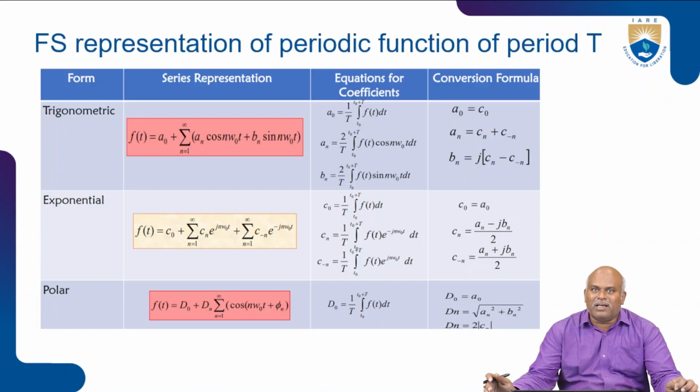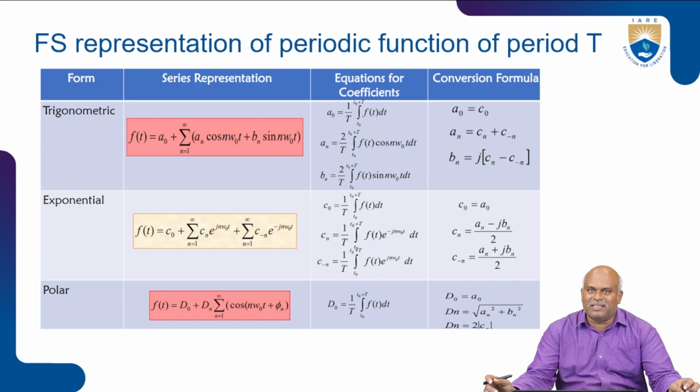Now we go to the Fourier series representation of a periodic function of period capital T. For the first case, the trigonometric Fourier series, we represent f of t equal to a0 plus summation of n equal to 1 to infinity a of n cos n omega 0 t plus b of n sin n omega 0 t.